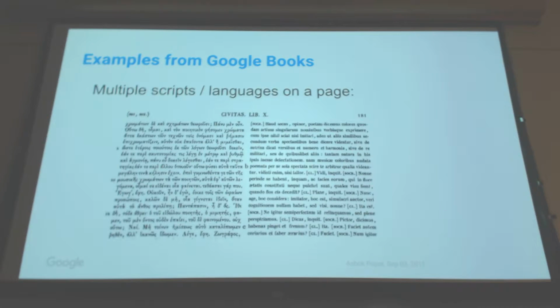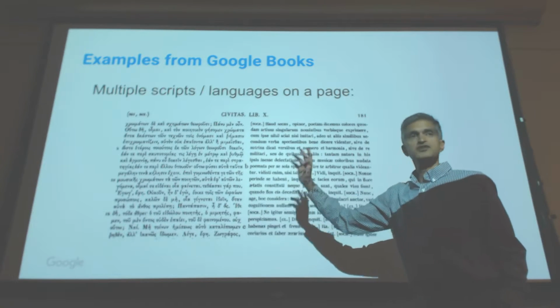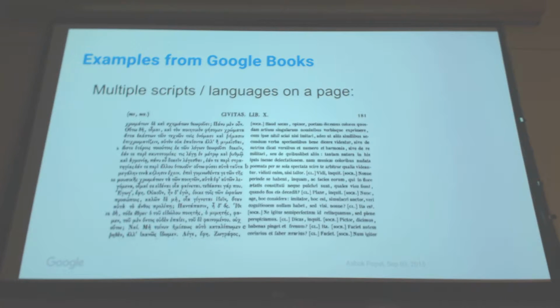Oh, I wanted to actually say something about this. This is also an interesting example because in many systems, if you use an off-the-shelf commercial OCR system, it may not let you say that the left-hand side is ancient Greek and the right-hand side is Latin, and load the language models appropriate for whatever's on the page.